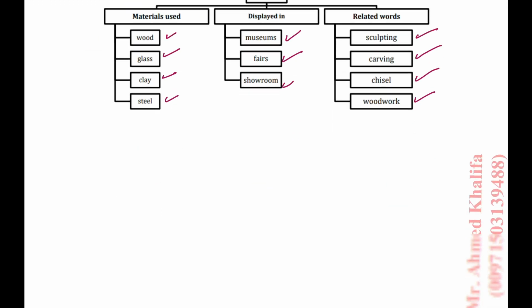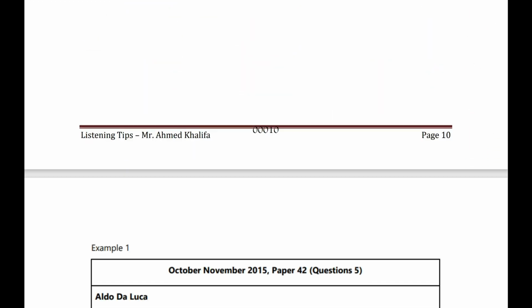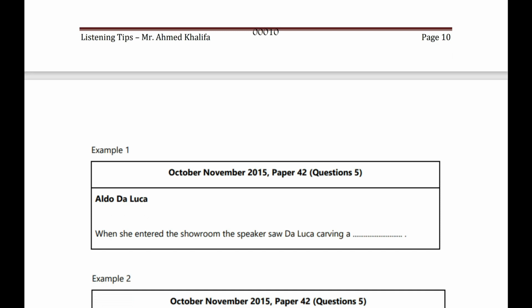Okay. The most important hack, I'll consider it the most important hack here. Remember this, guys: decoding grammatical patterns. What does that mean, mister?